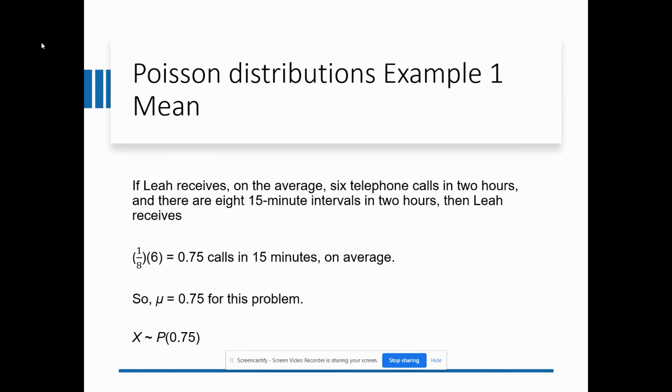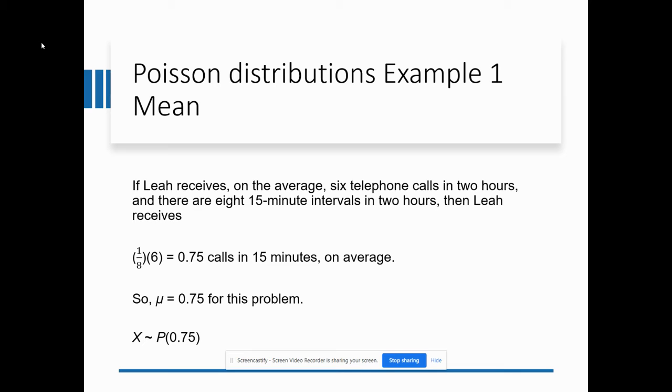If Lee receives on average 6 telephone calls in 2 hours, and there are 8 15-minute intervals in those 2 hours, then it's 1/8 times 6 equals 0.75 calls in every 15 minutes on average. So the mean is 0.75 for this problem.